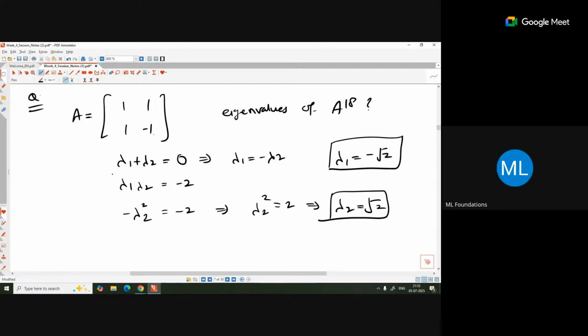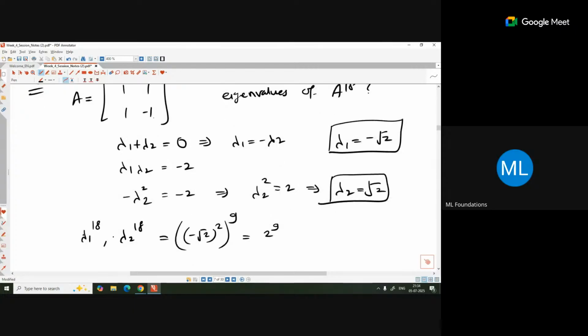Now the eigenvalues of A to the power 18 are lambda 1 to the power 18 and lambda 2 to the power 18. So basically I can think of it like this: minus root 2 square to the power 9, right? So this is 2 to the power 9. I think both of them are the same, right?